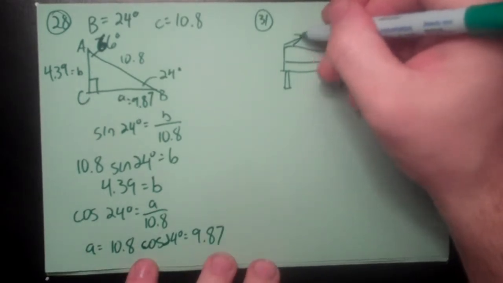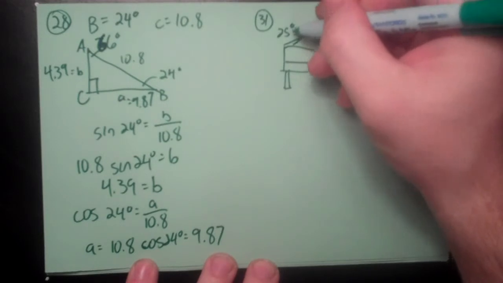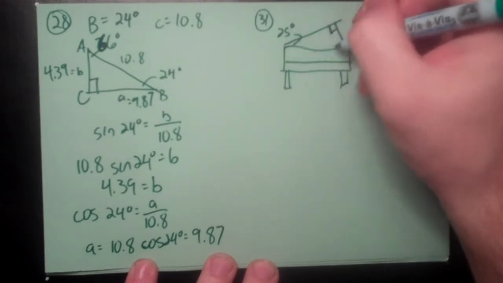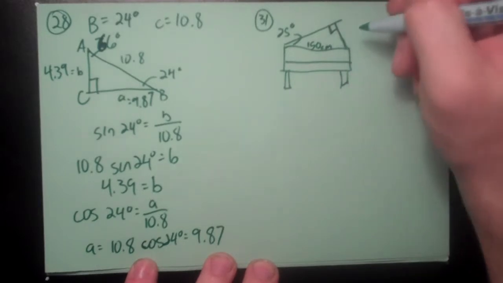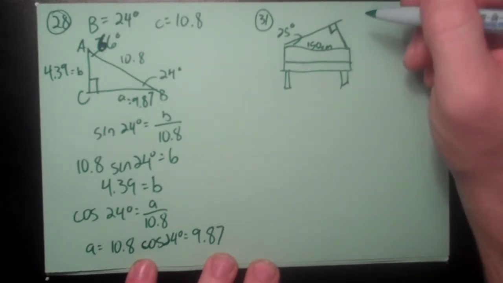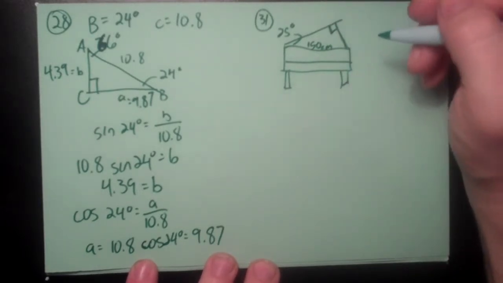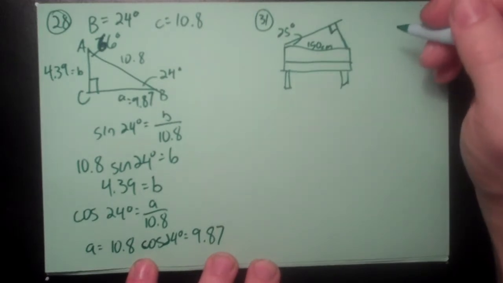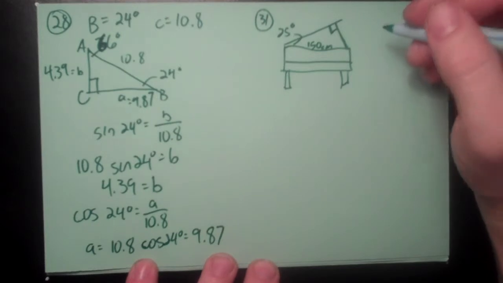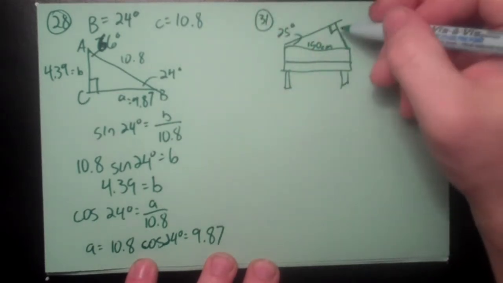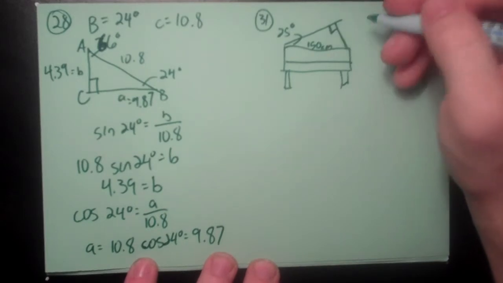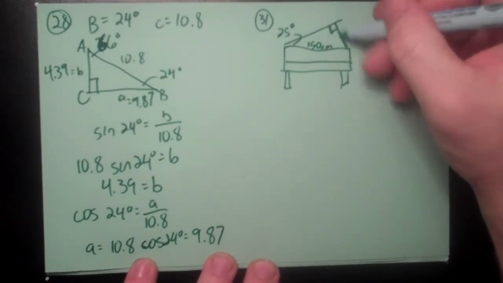They're saying this is opening up at an angle of 25 degrees, and all the way across the front is 150 centimeters. They would like you to find out the length of the prop holding up the piano. Well, it's not holding up the piano. It's maybe holding down the piano. It's keeping the piano from coming up. It's really holding up the lid there. So they want the length of this thing.